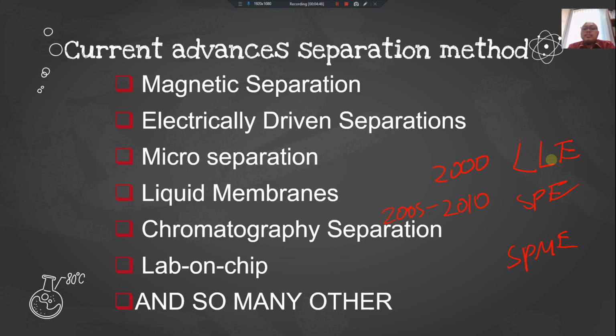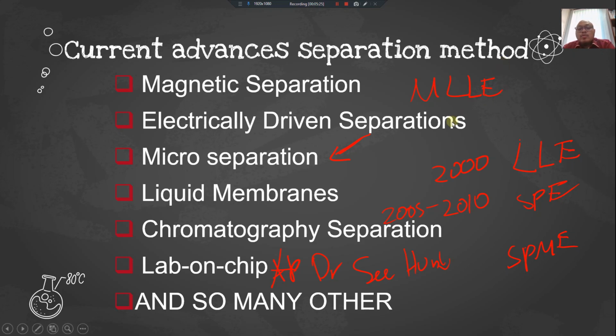In UTM, I believe Associate Professor Dr. Si Hong Heng is the most expert one currently in our department. For me, I'm still using microextraction, not lab on chip. For example, I use microextraction of LLE as one of the common methods for my study.